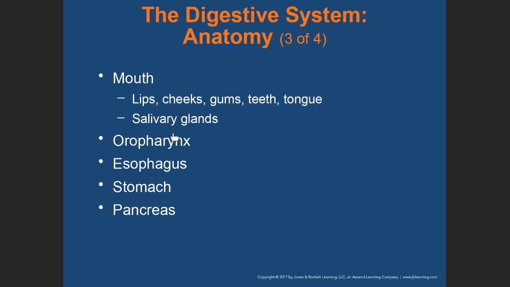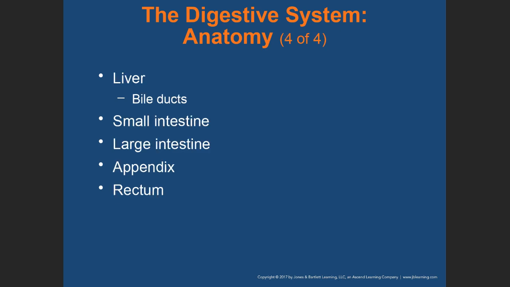Right? So you have the oropharynx, which is the posterior portion of the mouth, the esophagus, which connects to the stomach, and you have the pancreas, which plays a role in digestion and also how the body regulates glucose. The liver produces bile, which is important to breaking down fats. The small intestine, as I mentioned before, is where the majority of the nutrients and water, or what the body needs, will be absorbed.